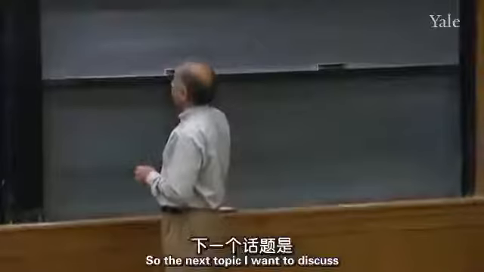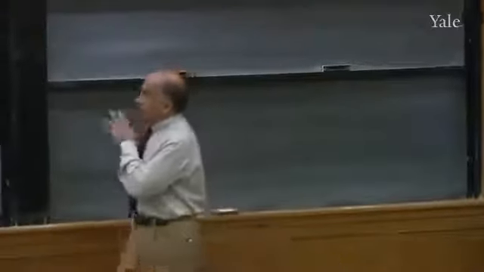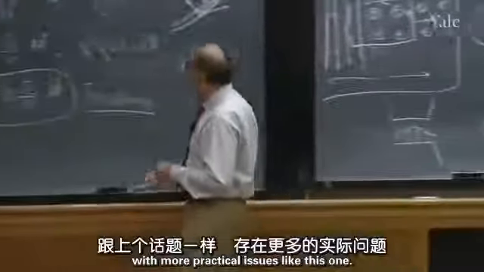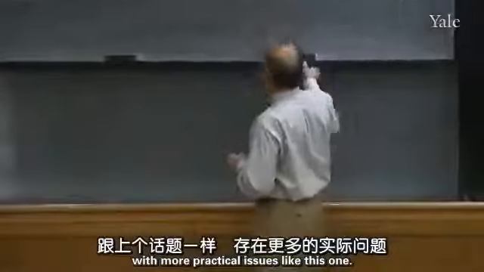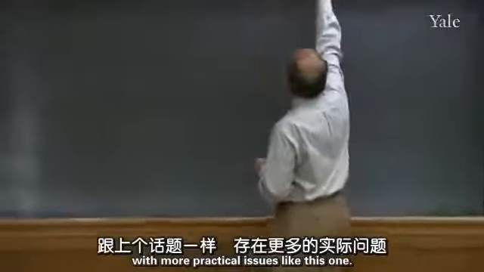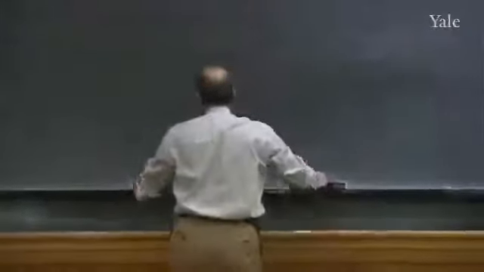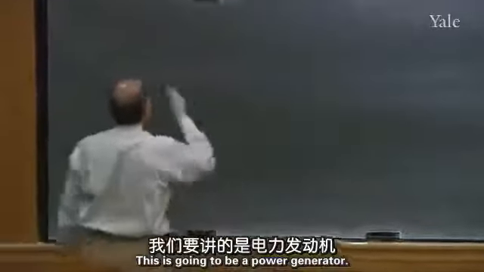Okay, so the next topic I want to discuss is on a totally different vein, and that has to do with more practical issues like this one. This is going to be a power generator.